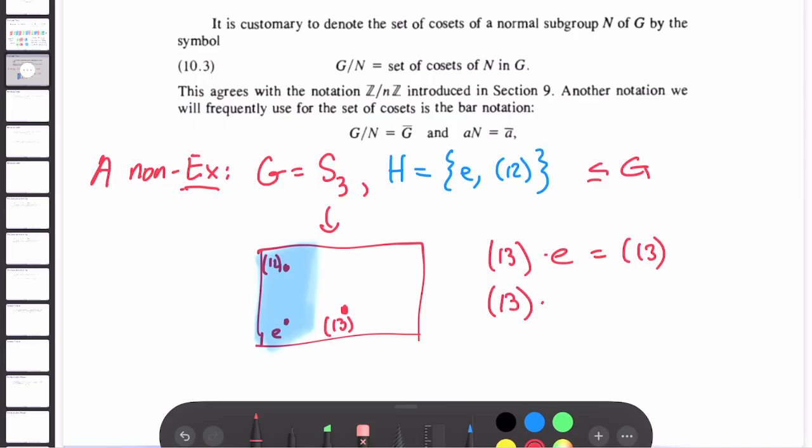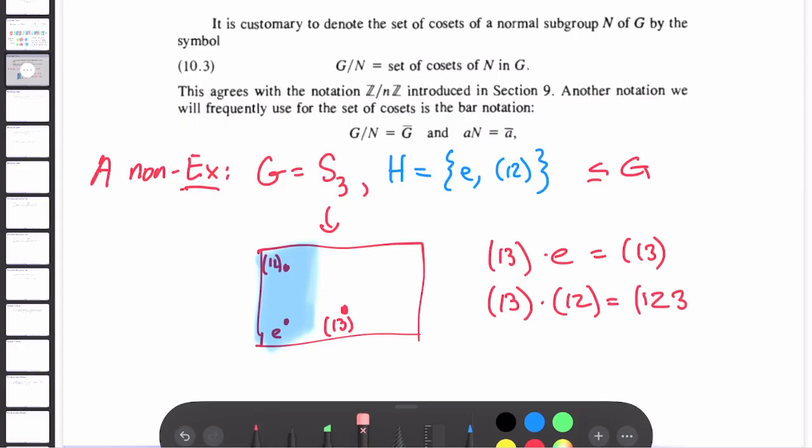But if you multiply by the non-trivial element of this subgroup, (1 2), then, I don't want to spend too much time reminding us how permutation notation works, but 1 gets sent to 2, and nothing happens to 2 over here, so 1 goes to 2. But now 2 goes to 1 on the right-hand side, and then 1 goes to 3, which means that 2 overall goes to 3.